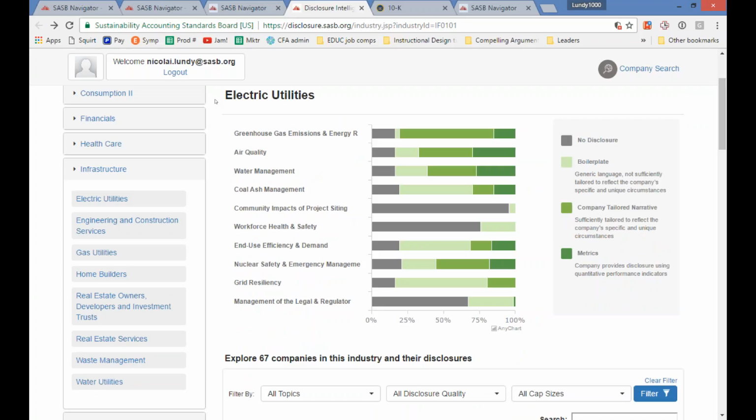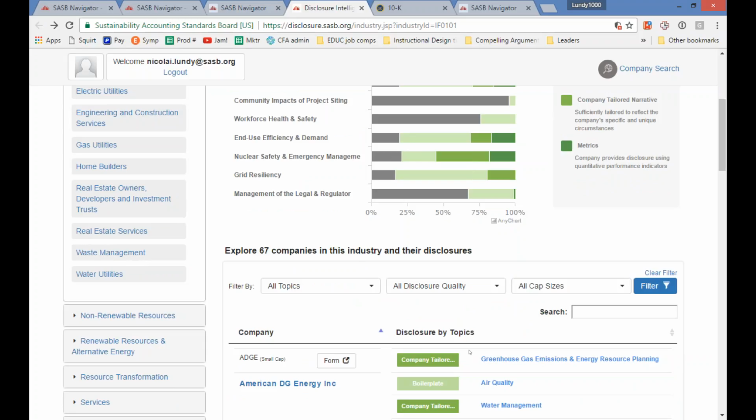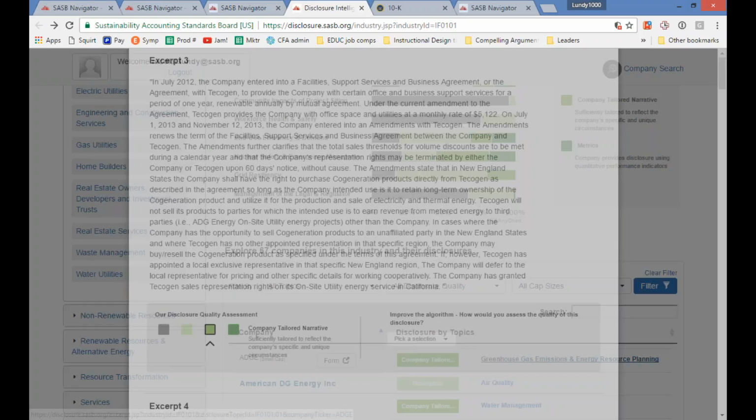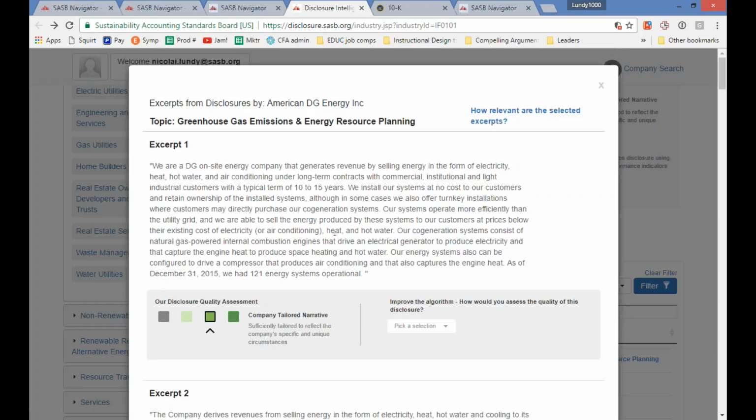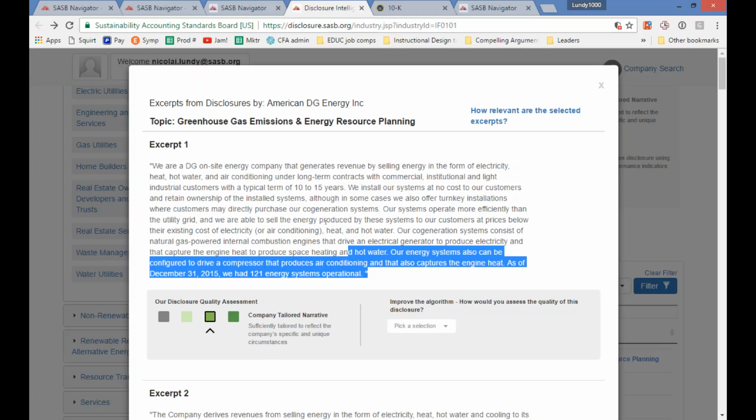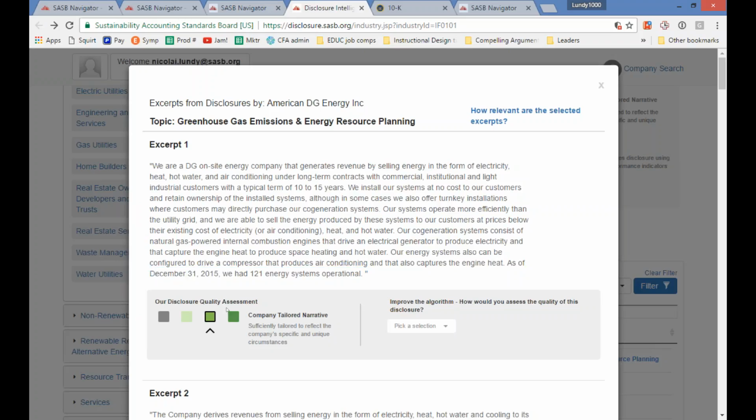One thing that I want to point out about this disclosure intelligence piece is that this is still in beta. As I mentioned, this is based on machine learning, and so it's constantly getting smarter. Sometimes we have users that look at a particular excerpt and disagree with the way it's been rated. The algorithm has rated it as company-tailored narrative.